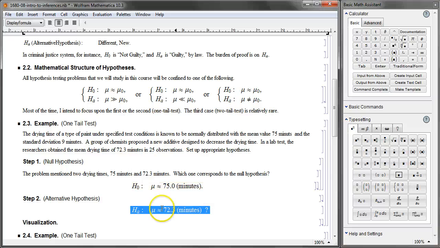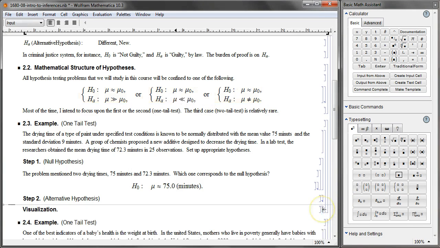This is not it. And also, let's go back to this mathematical structure. It's about mu is greater than or equal to mu naught, and mu is less than or equal to mu naught. So they're both about the mu naught value, 75.0. So which one is it? Is it greater than 75 or is it less than 75? That question will be answered by this new result, 72.3.